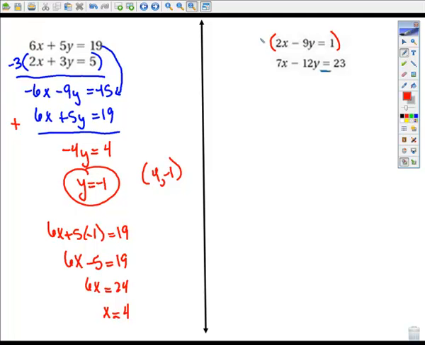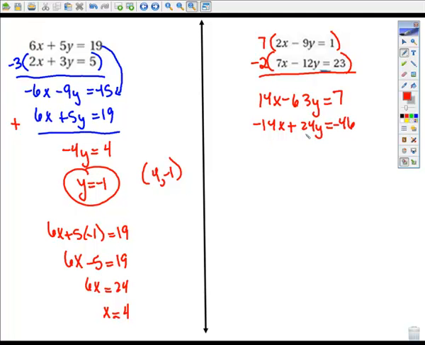So I will multiply this equation by 7, and this one by a negative 2, so I can get a positive 14 and a negative 14. So now I have to distribute twice, once in each equation. So the top equation is 14x minus 63y equals 7. And in the bottom equation, negative 14x plus 24y equals negative 46.